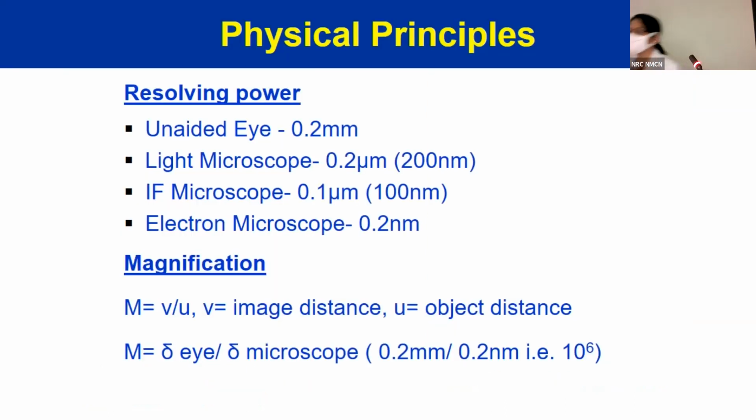So this we have been talking about day in and day out for the past 2 days. So what is important for an electron microscope is the resolving power. It can differentiate 2 points 0.2 nanometers apart, and a light microscope can do it for 0.2 microns, and your eye can do it for 0.2 millimeters. Okay.